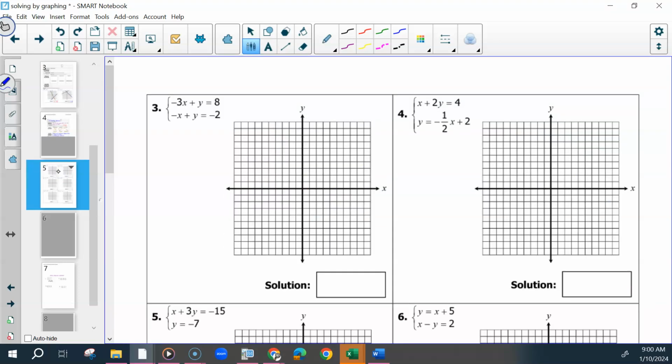And then after we do number 3, we'll do any that you want to see if you go over and look. So for number 3, these are both in standard form. We have to solve them both, so I'm going to do that simultaneously. Add 3x to the other side, and add x to the other side.